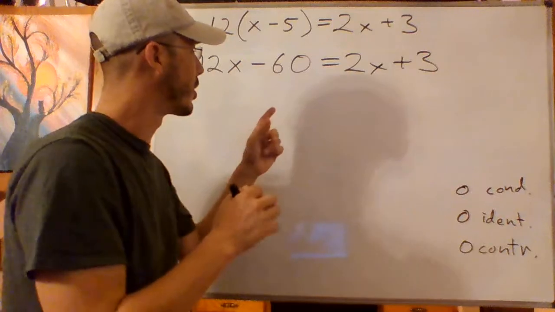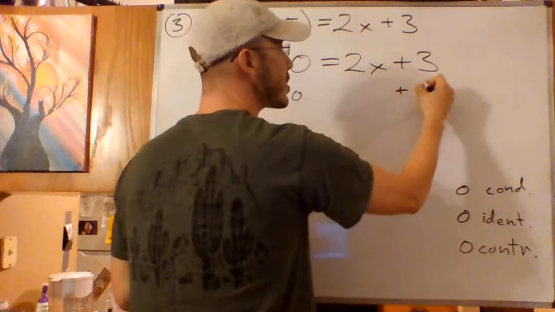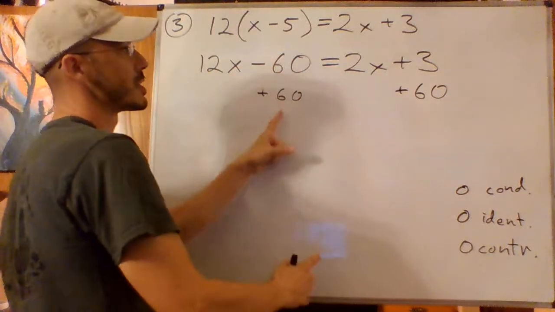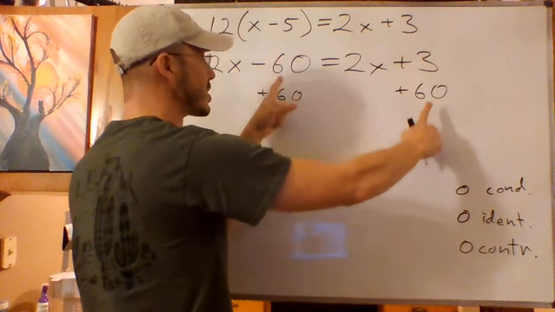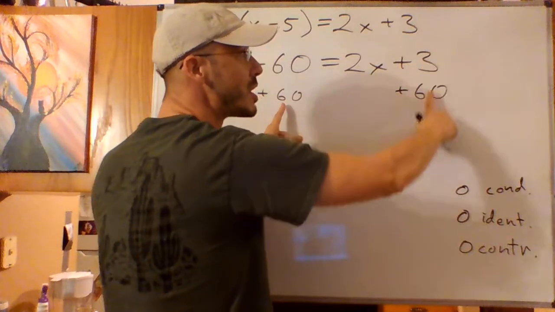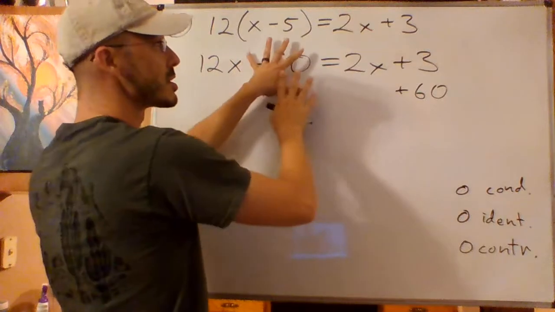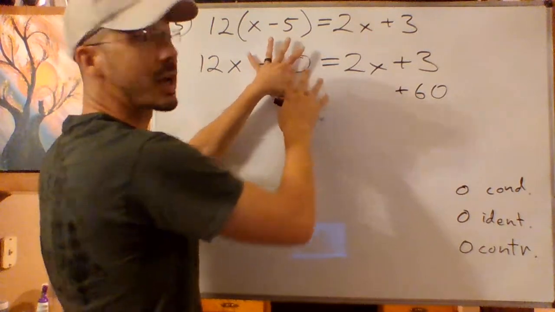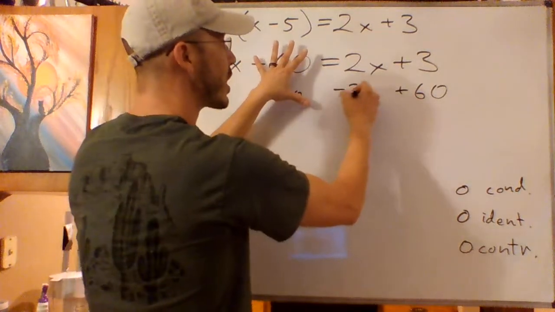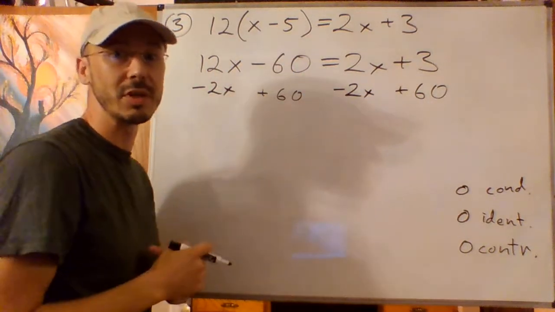So the idea is this. I'm going to add 60 to both sides. Notice how I'm lining up the 60 with the 60 with the 60. The numbers here are also lining up. But I can also do this other step of subtracting 2x from both sides without interfering with each other.